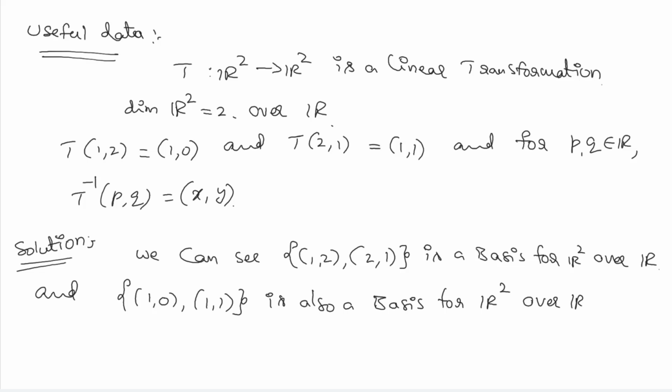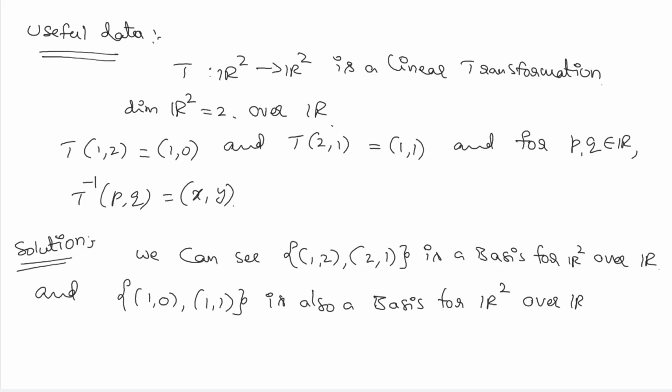So from these two, I can say T is 1-1. But how? Since T maps a basis to a basis, T is 1-1. From the result stated at the beginning of this lecture, T is 1-1 and onto, and in fact kernel of T is 0.